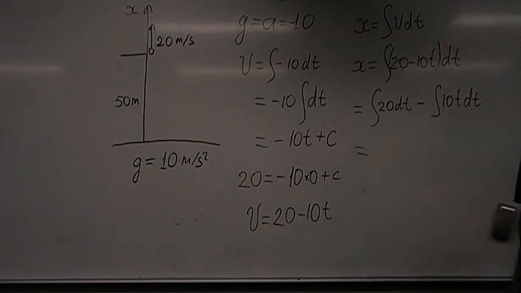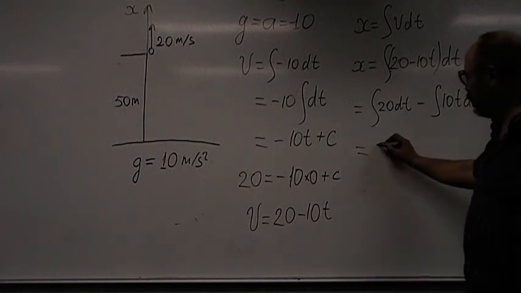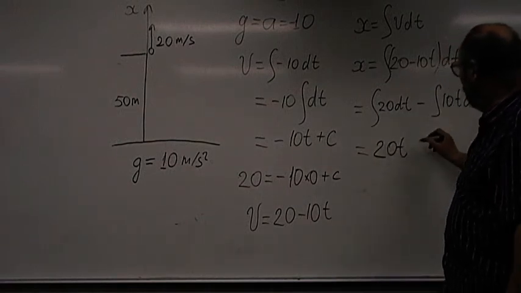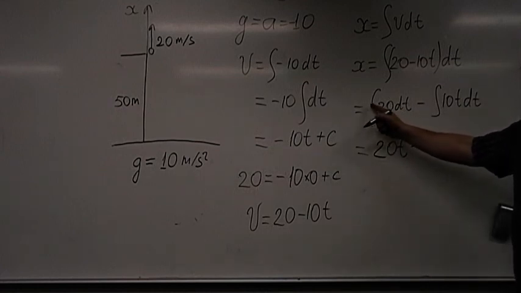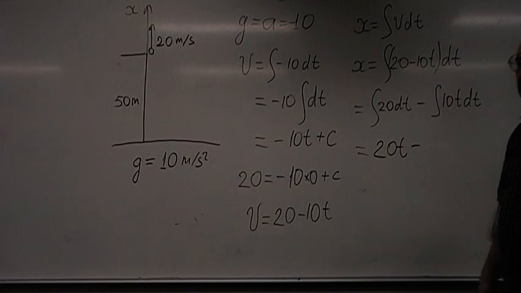The first is 20t, because we take 20 out and the antiderivative of dt is just t.